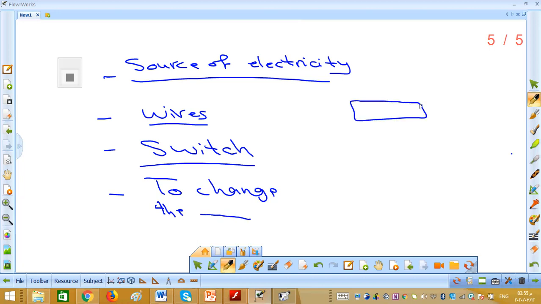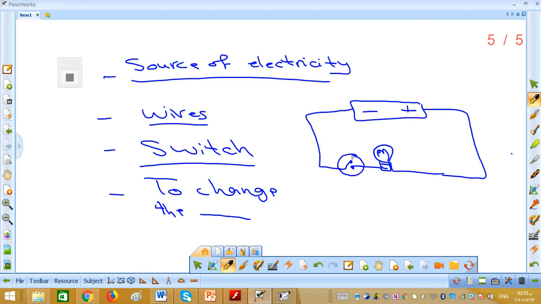So, in general, we have battery or energy station, then wires, good conductors, then we have switch, and for example, we have light bulb. And here, this is the switch. So, this switch is open, so electric charges cannot flow.